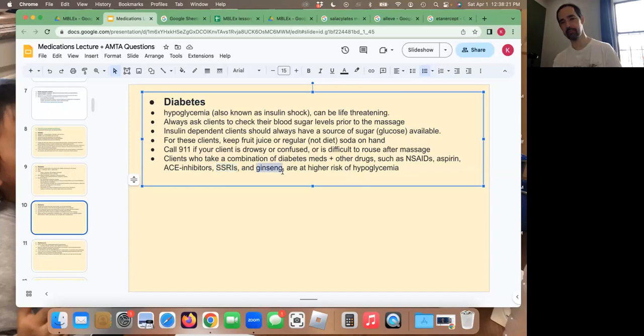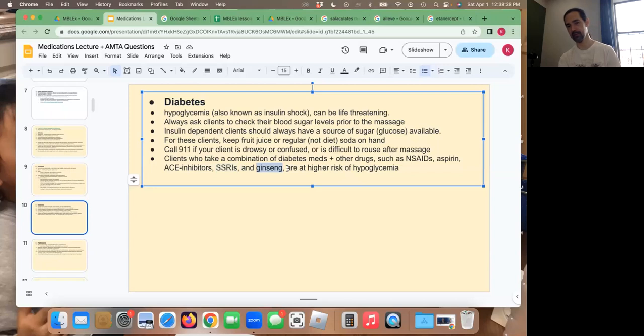Ginseng, sometimes people take ginseng because it helps them with their health in some way. I know what ginseng does from having looked a little bit at the Chinese herbal materia medica. I don't mean to write off ginseng or marginalize it.